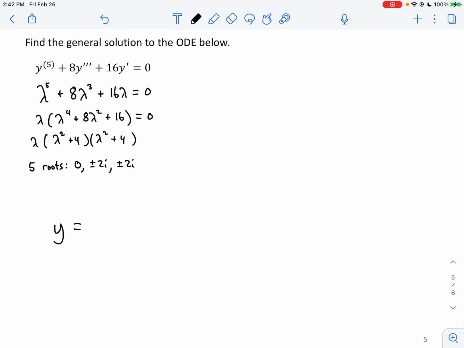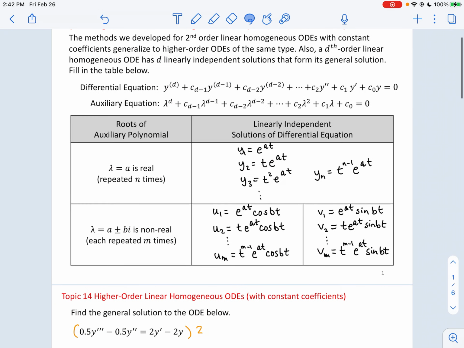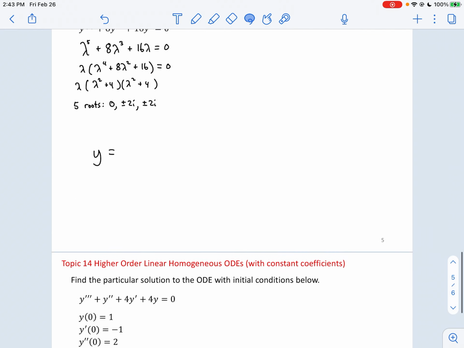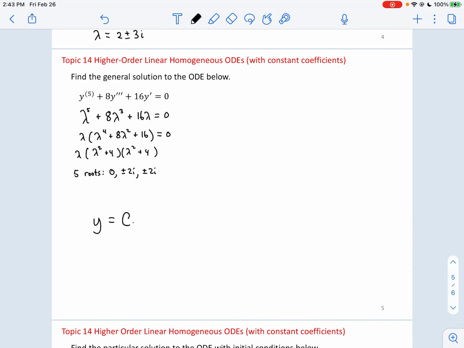So our general solution. For the 0, that's a real root, so we still use this form right here. This a is 0, so y equals e to the at, a is 0, so y equals 1 effectively is a solution of this, but then we put a constant in front. So e to the 0 is 1, so we get just a naked constant that corresponds to this 0 root. Okay, the next one, c2 times cosine of 2t plus c3 sine 2t.